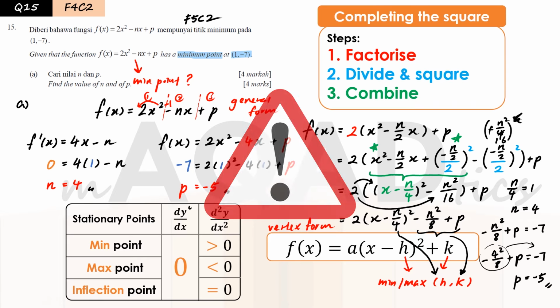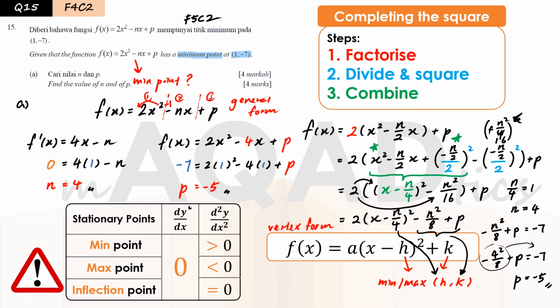Alright, so you may be asking, if I compare these two methods, which one would be the best one? Okay, so of course, based on the workings that we have written down, you can see that differentiation is much shorter, which means it will be faster. So if you are going for the faster route, I would recommend the differentiation way.